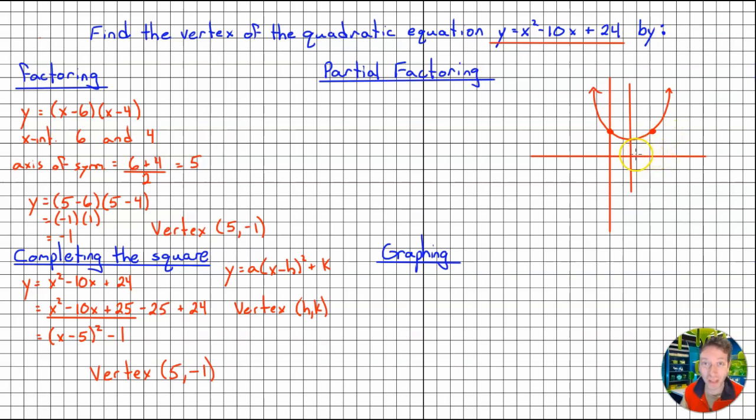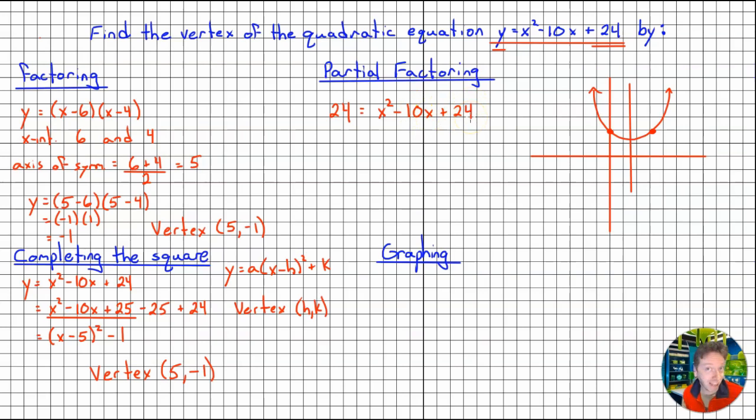So how we're going to find that is, if we look at our standard form equation, we know that last constant at the end is our y-intercept. So in this case, for this graph, the y-intercept is 24. So I am going to place 24 in for y. And that's going to equal x squared minus 10x plus 24.